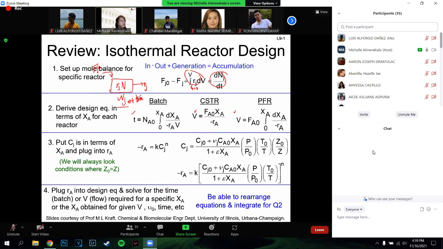So you are feeding the reactor with reactant J. Some of them will react, and some unreacted will flow out of the reactor if it's a continuous reaction.